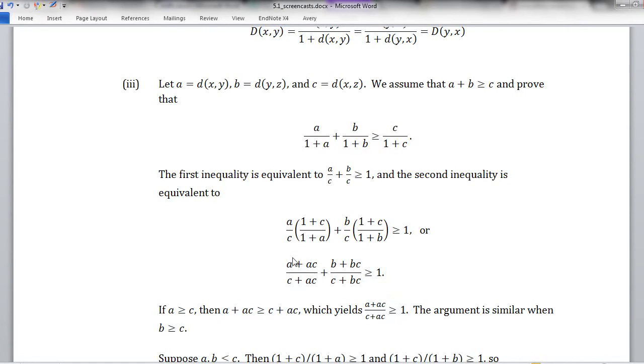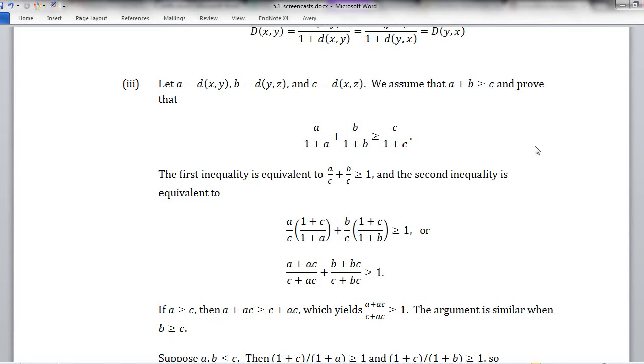That tells me that the first summand here is already greater than or equal to 1. So certainly when I add something else which is non-negative to it, the sum is going to be greater than or equal to 1. So I'm done in that case. And a similar argument holds if b is greater than or equal to c by itself. Then I get that the second summand here is greater than or equal to 1 by itself, and so this inequality will hold again. Good. So that takes care of the case when one of a and b by itself is greater than or equal to c, or maybe both of them.